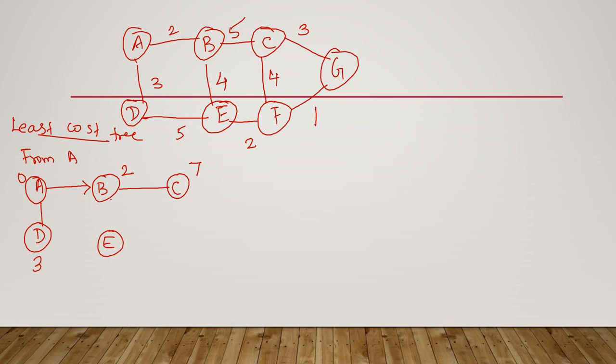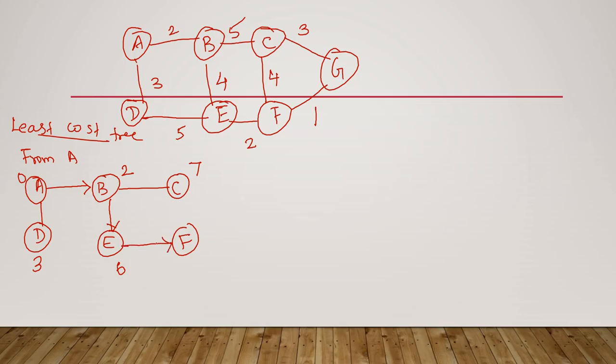So now we can make the connection like this. If more than one path is available, we check which one is the minimum cost. That is the main motto of the least cost tree. Similarly for F, obviously A to B, B to E and E to F, because E to F the value is only 2.